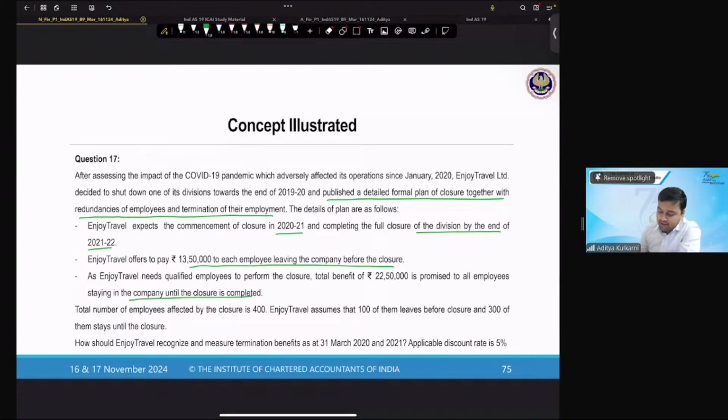Total employees affected by the closure is 400. Enjoy Travel assumes that 100 of them leave before the closure and 300 stay until the closure. How will the company recognize and measure termination benefits at March 2020 and 21? Applicable discount rate is 5%.